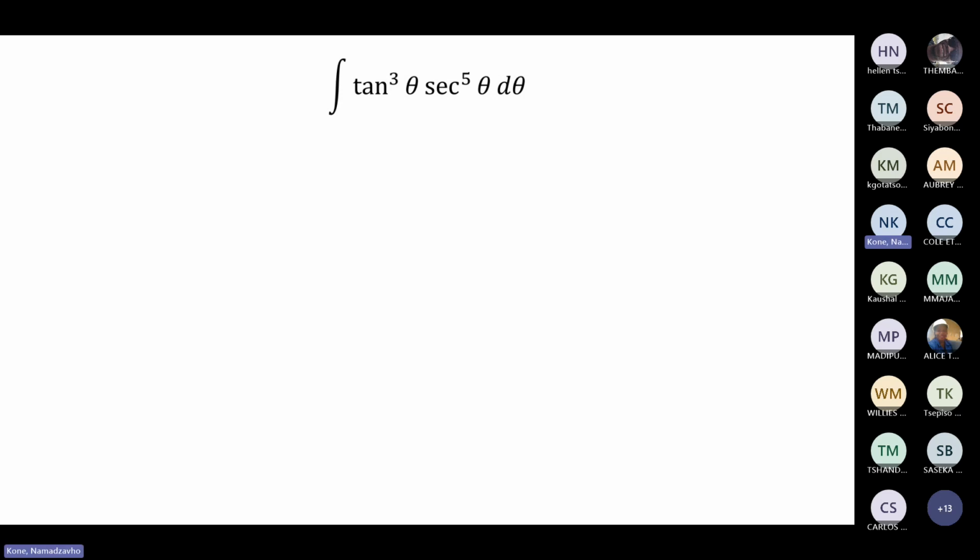On the sec power 5, we will factor out the sec squared. What we will remain with is a sec with power 3. Is there anything we'll be able to do with it? No, we must make it sec squared sec. Yeah, there's another voice. Can you come up with your suggestion?